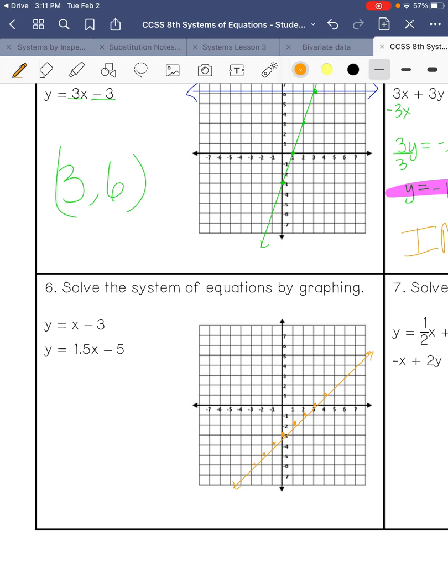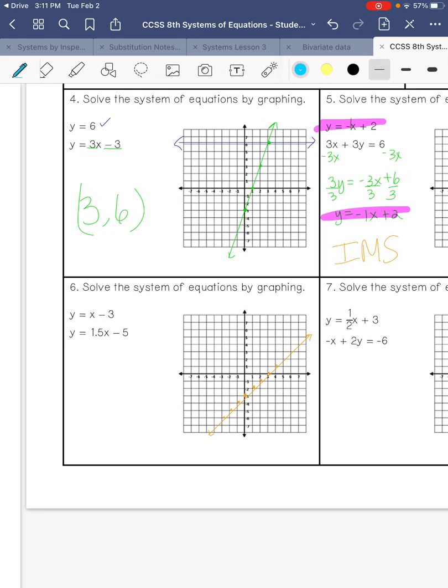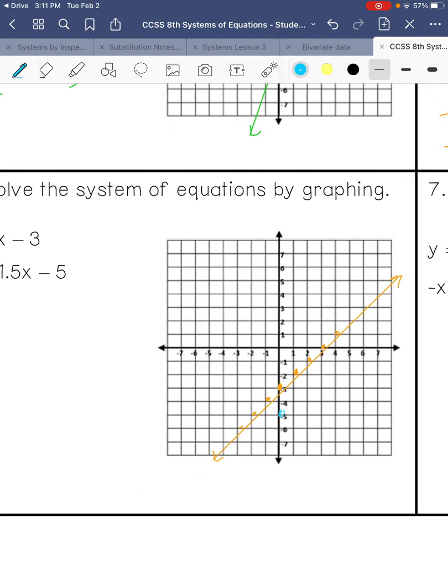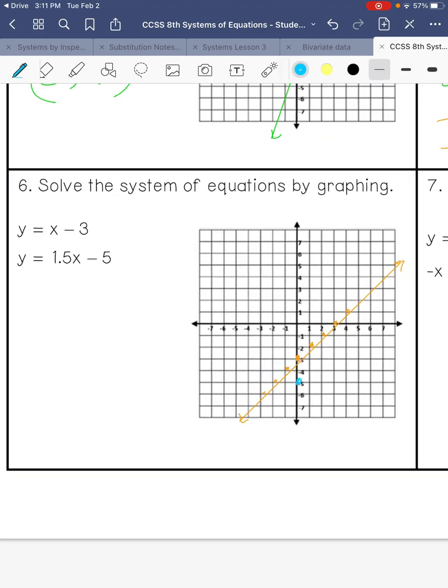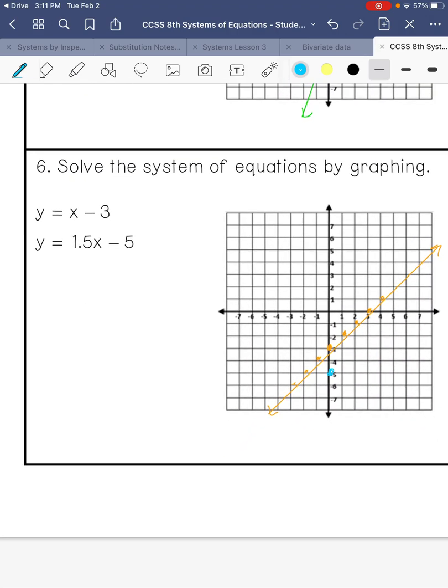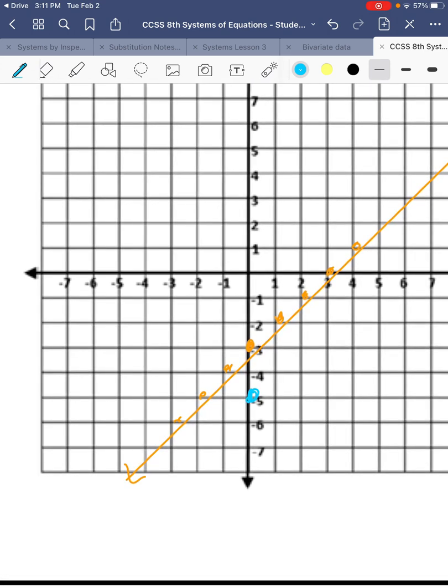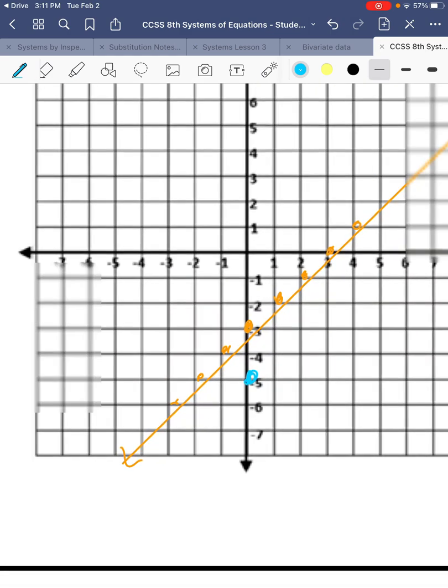This one's going to be kind of weird to graph. That's okay. So I've got minus 5. And now I'm going to go up 1.5 over 1. Up 1.5 over 1. This one's really kind of strange.